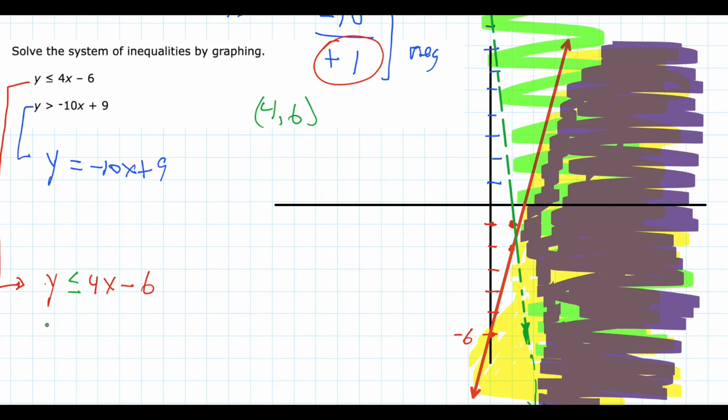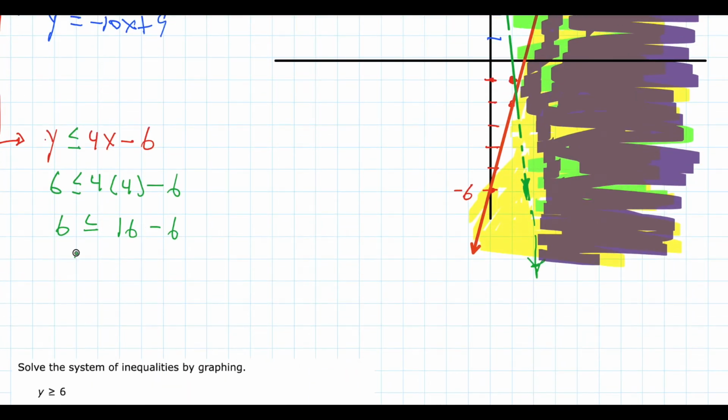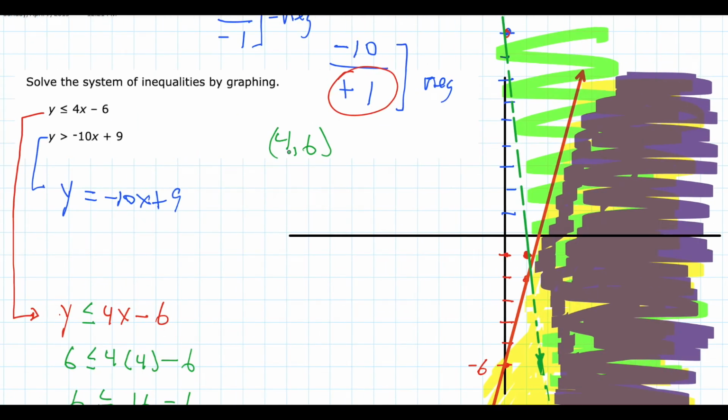What do I plug in for the y? 6. So 6 is less than or equal to 16 minus 4, which is 10. Is 6 less than or equal to 10? Yes. Then you plug 4, 6 into the one up here, where the sign goes this way.